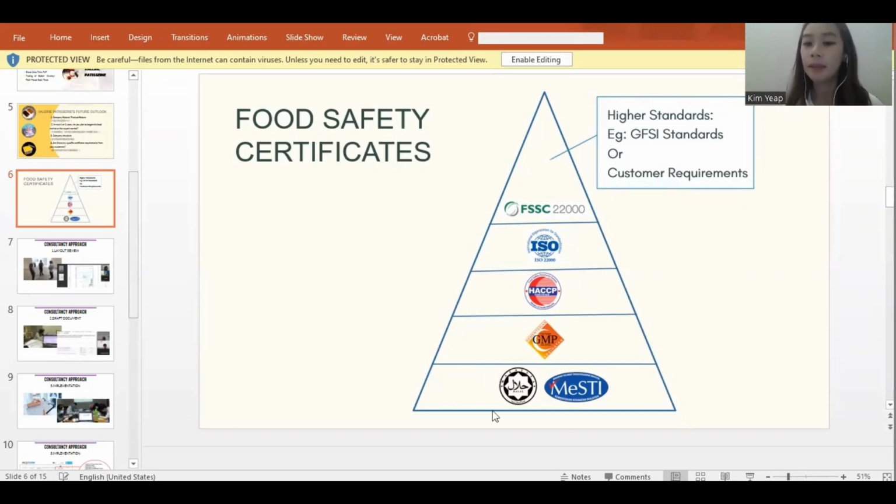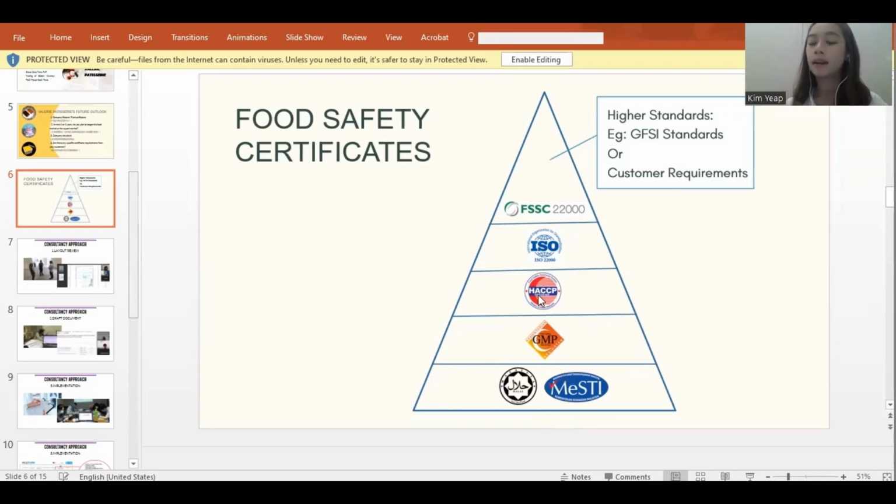Okay, and mesti. The reason why we put it in this pyramid diagram is because of the level. If you are aware, the level has a hierarchy where it moves up. In this recording, I am not going to tell you in great detail what the differences between them are, because it might be hard to digest if you are not from a food background.